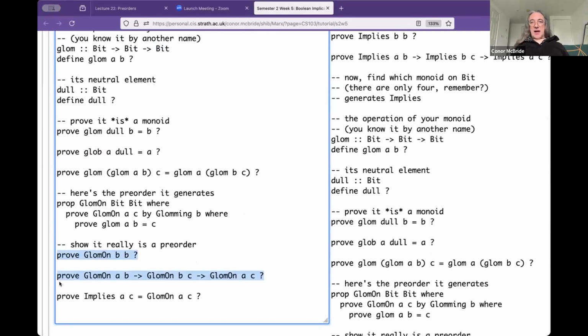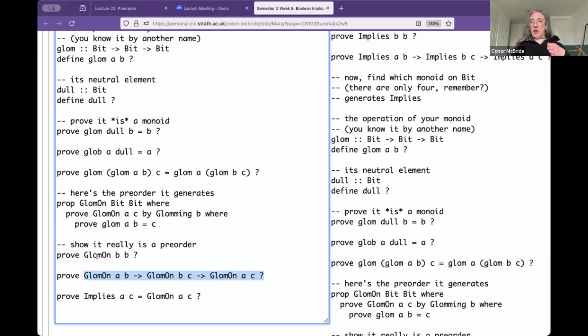And it's called a preorder because it's on the way to being something called an order. We say this is reflexive, and this is transitive. An order is something which satisfies the property that it only holds both ways round for equal things.